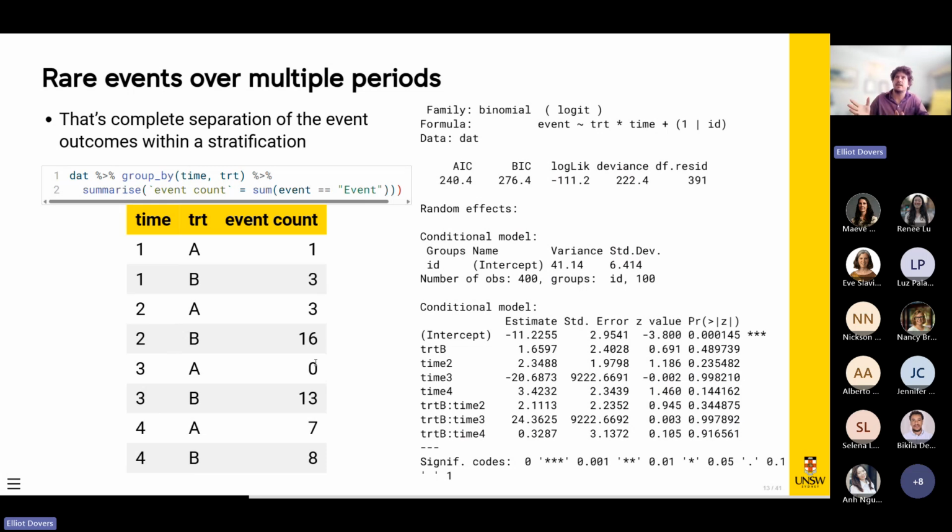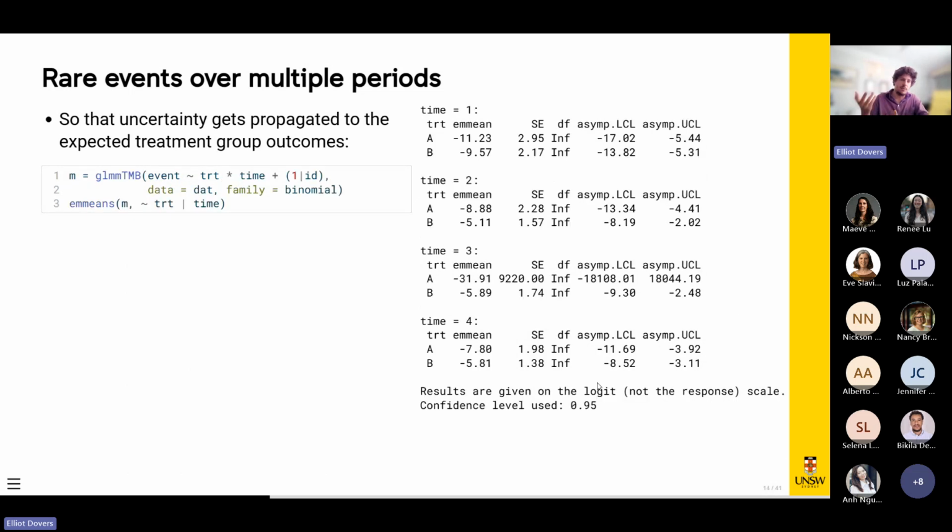That's not necessarily an erroneous data point or any kind of outlier. It's just that our binomial family of model does not handle that well. Because there's no information within that stratifying group, it can't estimate any uncertainty on our parameter estimates, and so we end up with these huge standard errors.